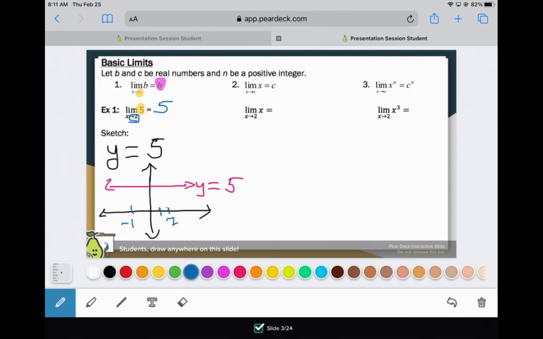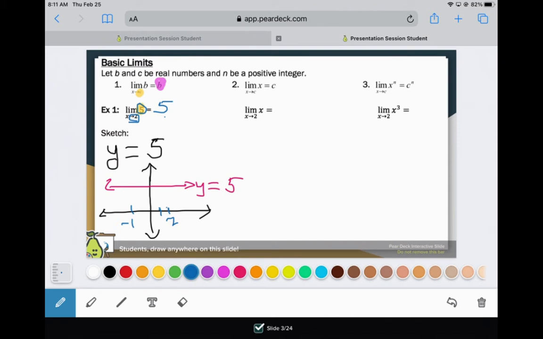This is a horizontal line, so it doesn't matter what the x value is, the limit is always that value. So the limit of 5 is going to be 5. It's always, because this is a straight line, no matter where I look at the graph, the y values never change. So that is the first property, something that you should have memorized.